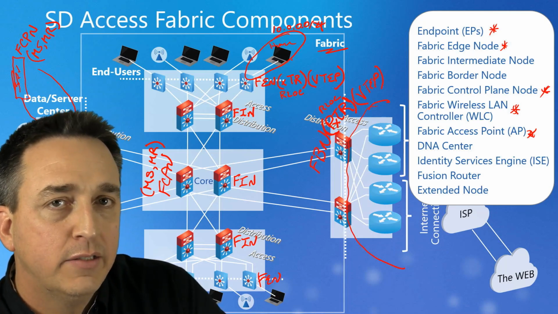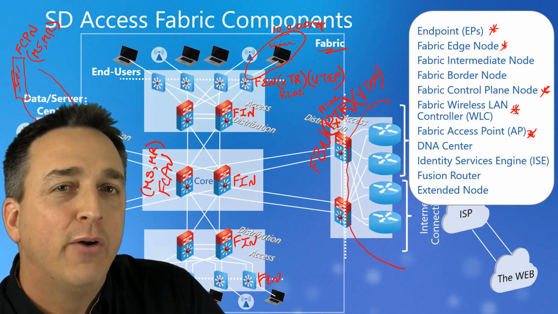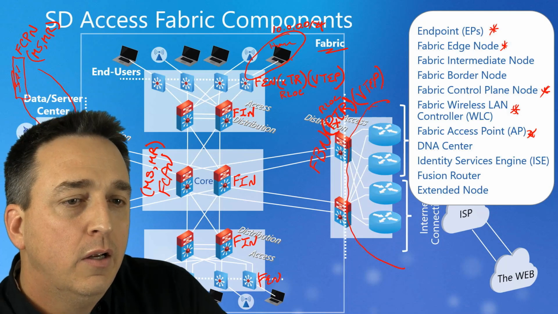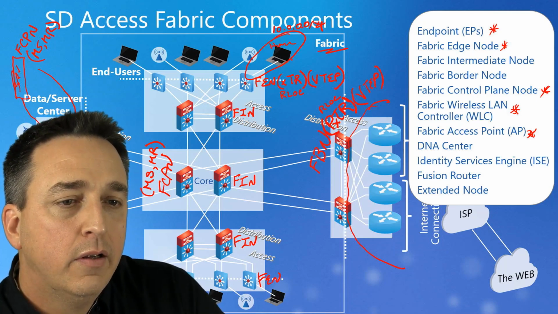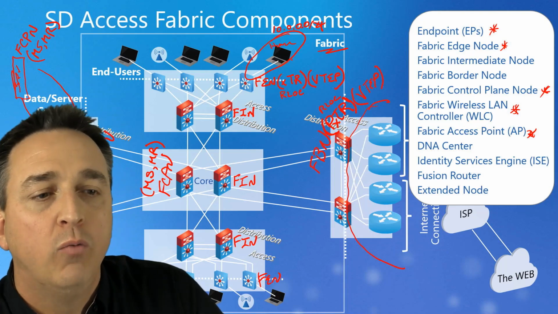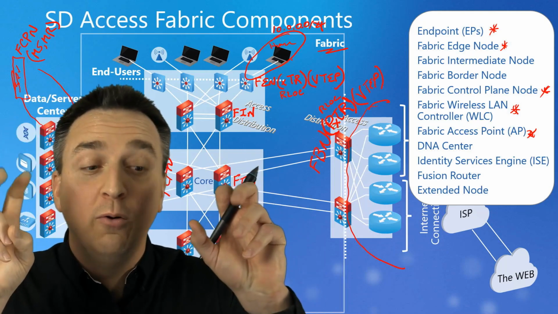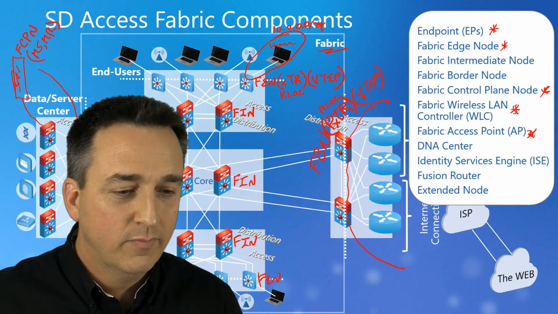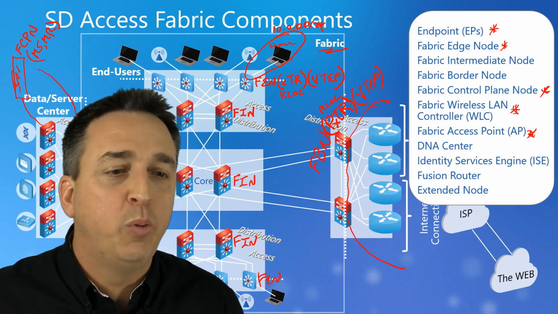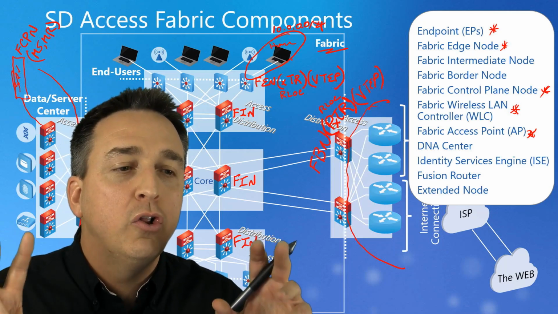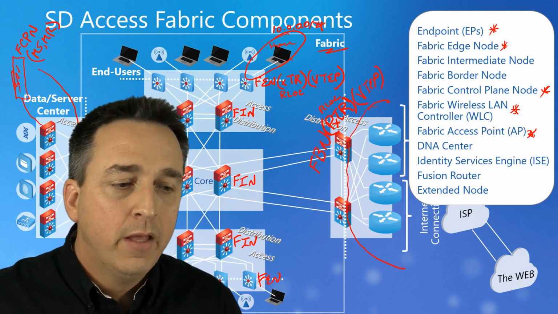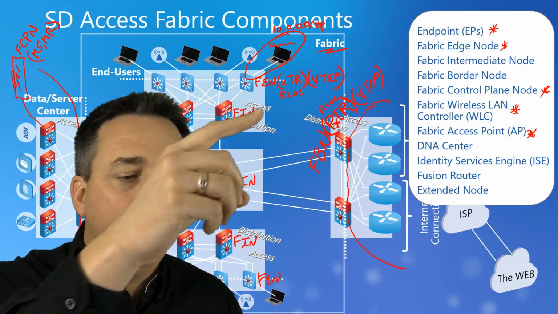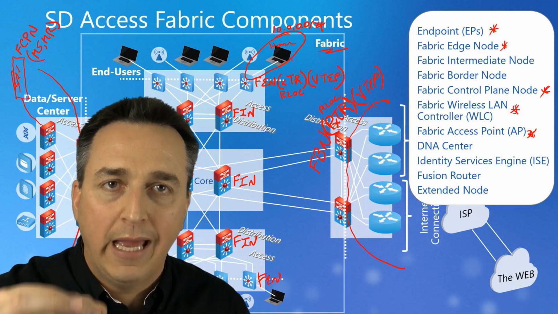But the end thing is this, and it's just a little sub note I want to share with you. When you're dealing with fabric access points, they are placed in what we call local mode and must connect directly to the fabric edge node, our fabric edge switch.